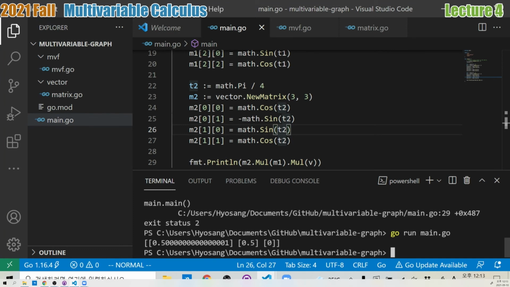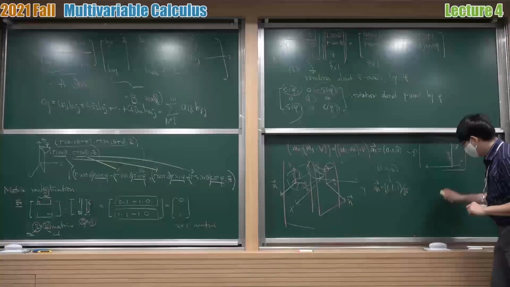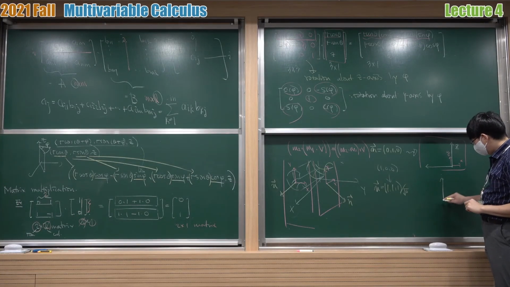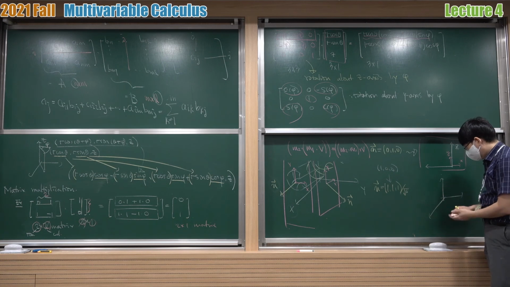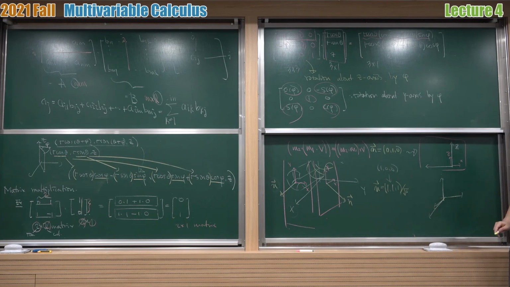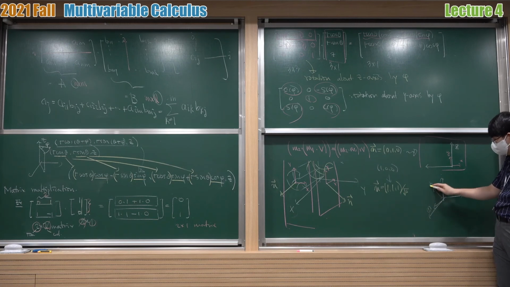So again, our scheme was to rotate (1, 0, 0) along the y-axis to get this one, and then rotate along this cone to get (1, 1, 1).